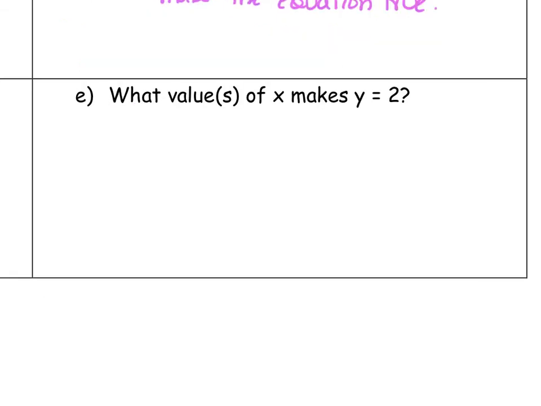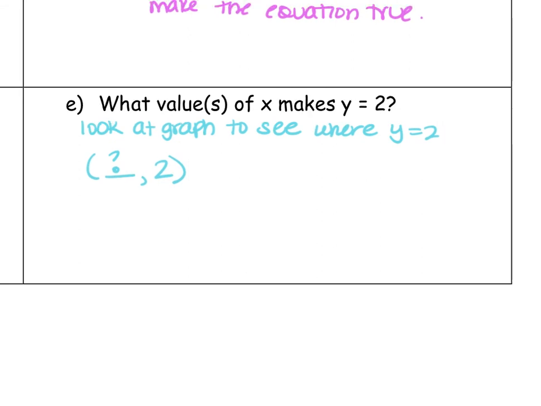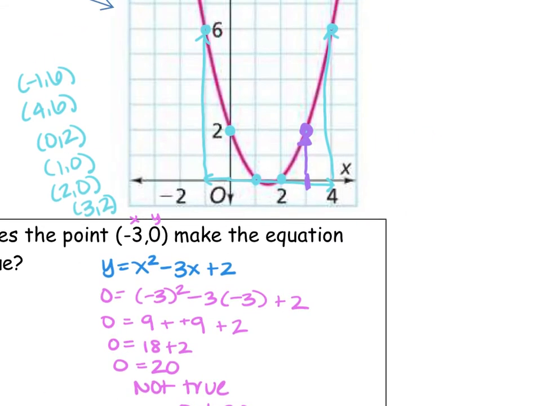To find what value or values of x make y equal 2, we are going to look at the graph to see where y equals 2. So we are looking for some point where the y coordinate is 2, and there might be more than one of those. If I look at the graph, where is y 2? Here's 2 on the y-axis.